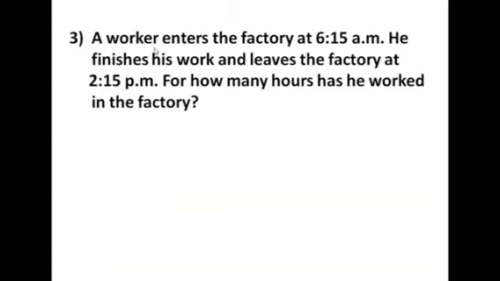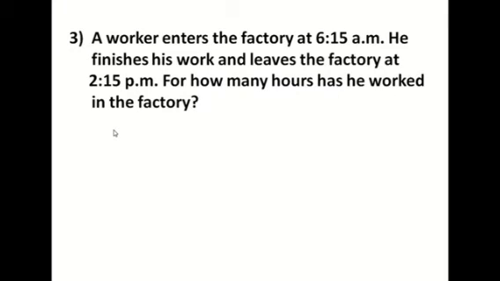Question number 3. A worker enters the factory at 6:15 a.m. He finishes his work and leaves the factory at 2:15 p.m. For how many hours has he worked in the factory? What the question says, a worker enters the factory at 6:15 a.m. He finishes his work and leaves the factory at 2:15 p.m. You have to find out for how many hours has he worked in the factory.